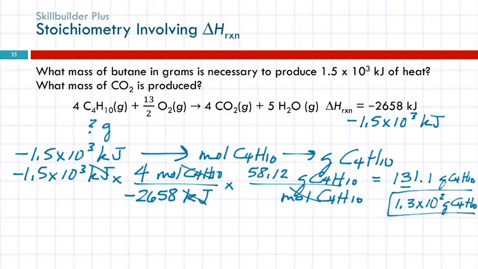The way I wrote this problem, I put the negative sign on the amount of heat, and then I also used the negative sign listed over here. And so my negative signs canceled out, and I ended up with a positive mass. Sometimes you just start with this amount of heat, and then you stick this in with a negative, and you end up with negative mass, and then your brain should say, hey, wait a minute, I can't have negative mass.